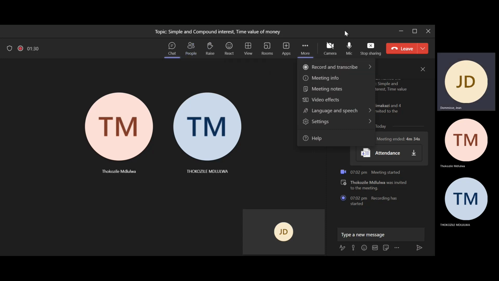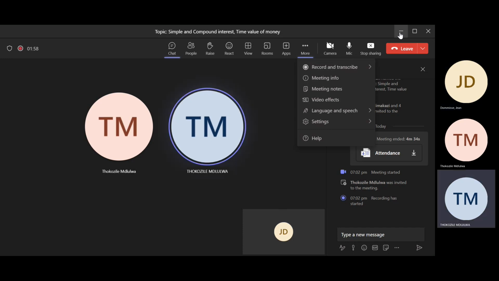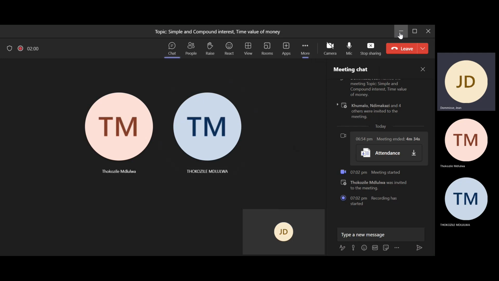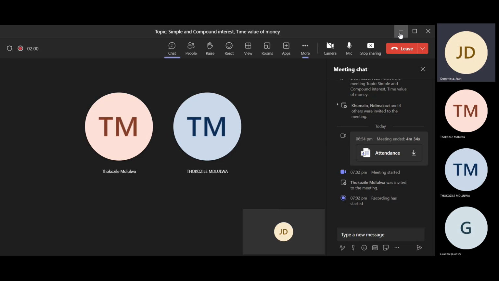So what I will do for tomorrow is that I will schedule for us an hour session from 6:30 to 7:30, so that we can look at the questions from the simple and compound, and go through some of the definitions.